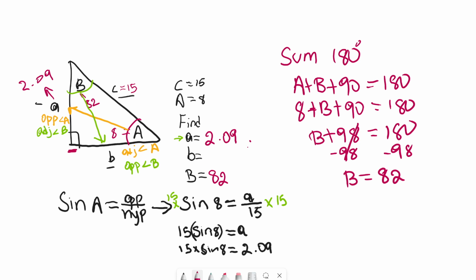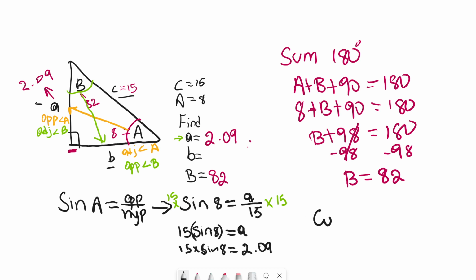So we actually can use any trig ratio at this point because we do have 2 sides. And so we're only missing one side, so we can really plug in any of them. We can plug in the hypotenuse, the opposite, or adjacent. I'm still going to use my angle A. Okay, so let's use cosine. Let's use something different.